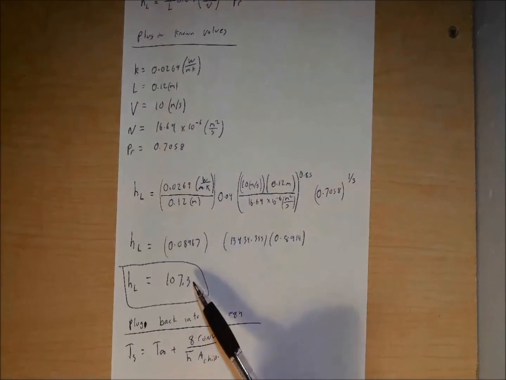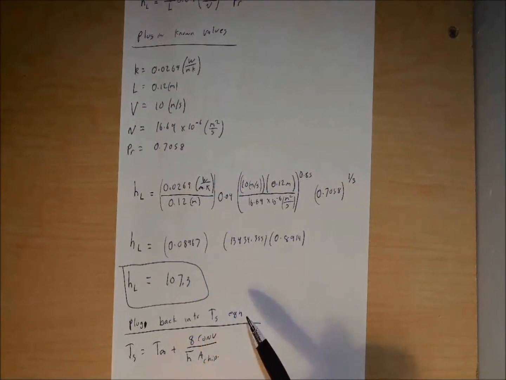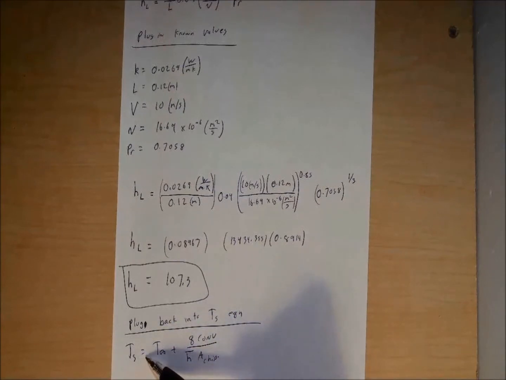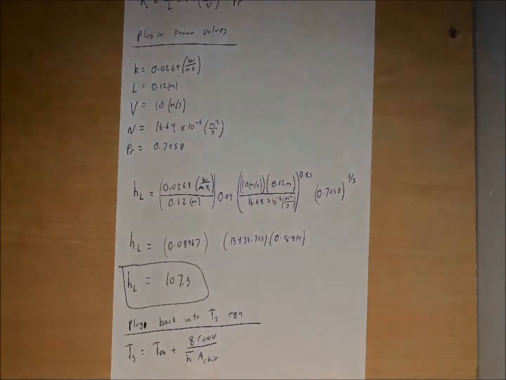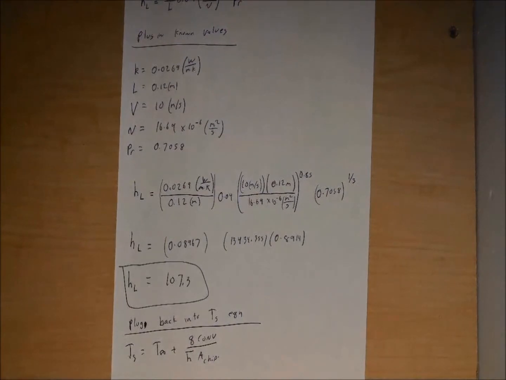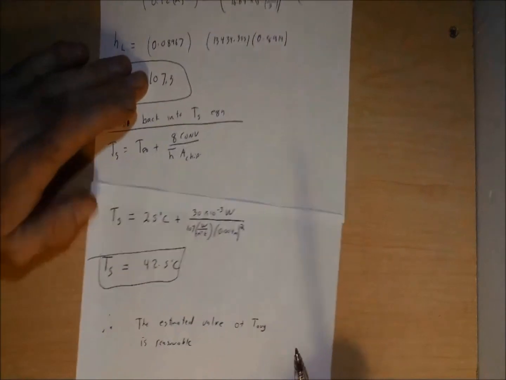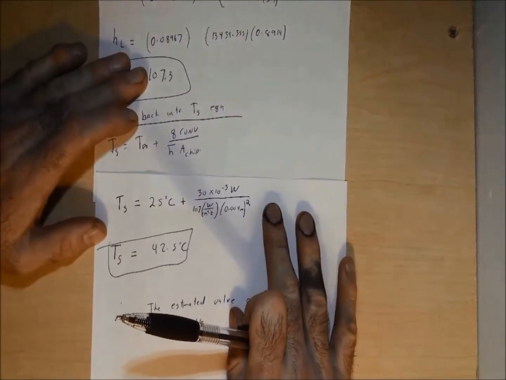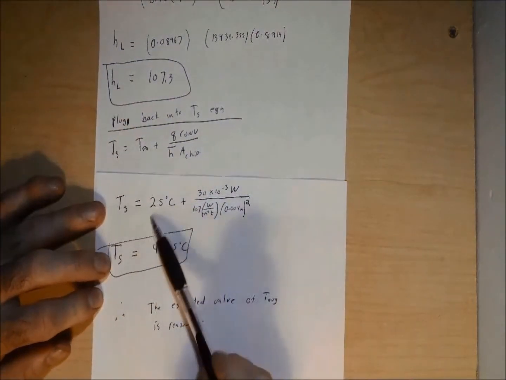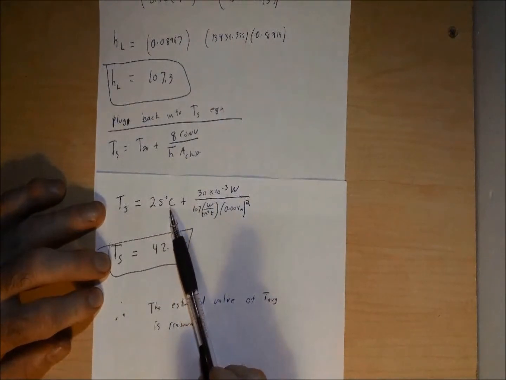Now we can take this h of L and plug back into our T sub S equation. We have T sub S equal to T infinity plus Q convection over our average h times the area of our chip. We recall that equation and plug back into it for these specific values. Our T infinity was given to us as 25 degrees Celsius.